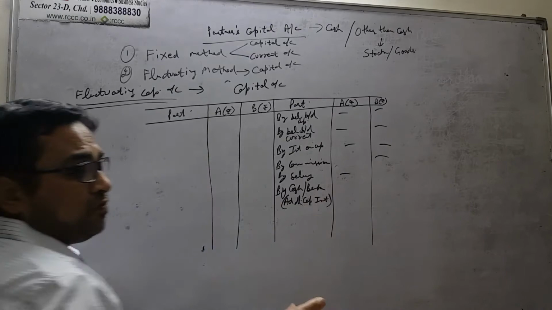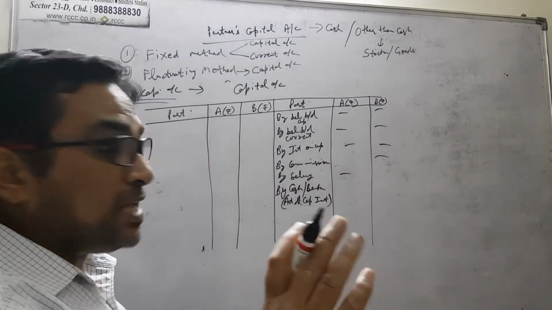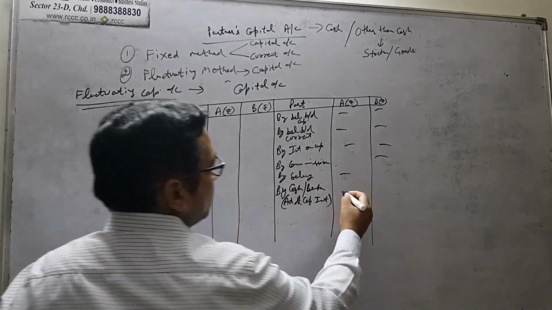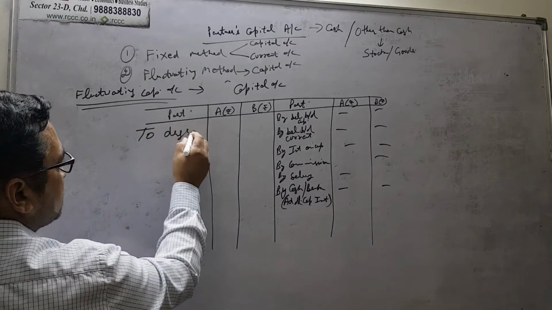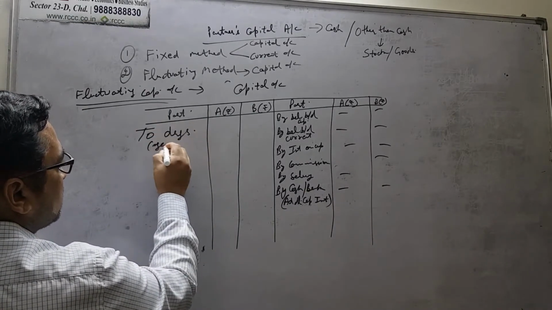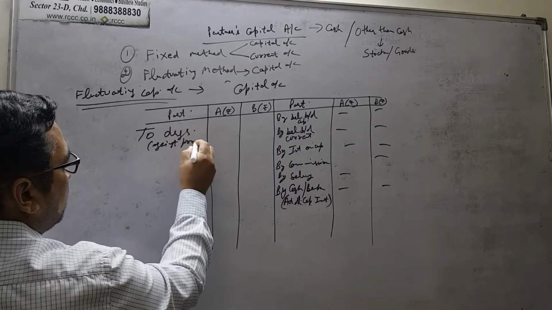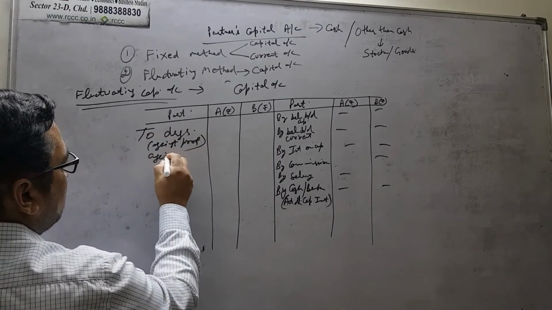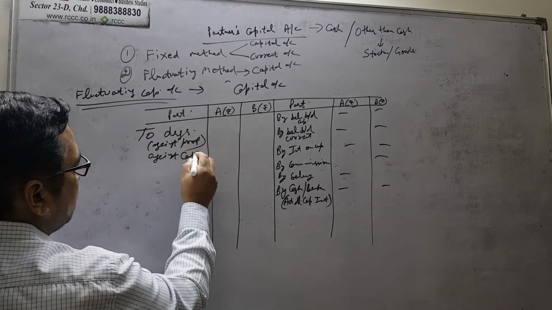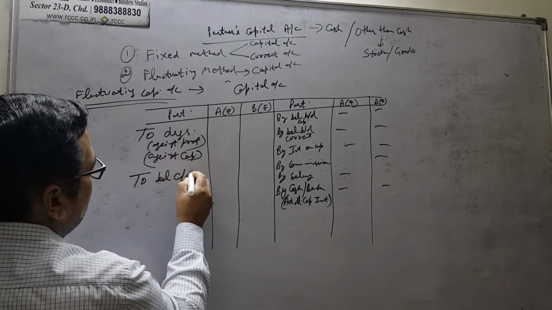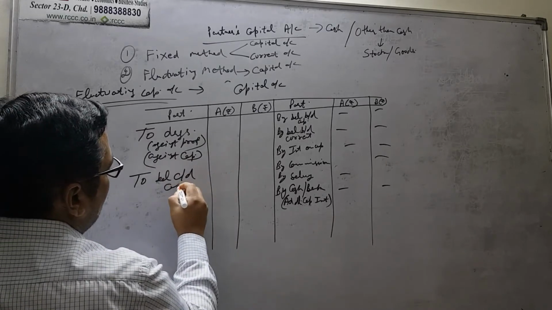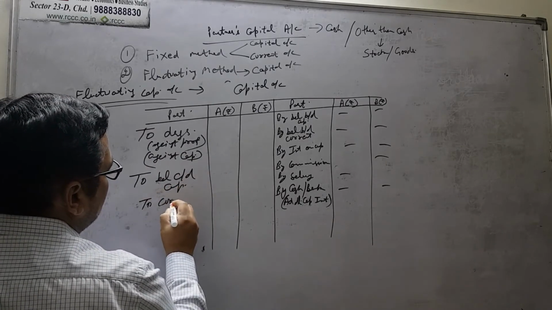Right? So it is a mixture of both the accounts that we prepared separately in case of fixed capital account. So like this. What will appear here? To drawings. Drawings against profits or against capital. Both the drawings appear here. Second, to balance carried down. Balance carried down of capital or of current.